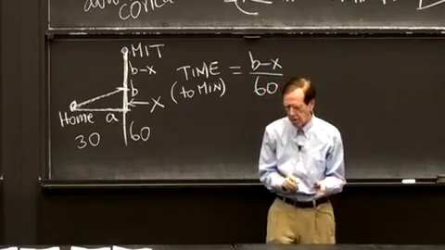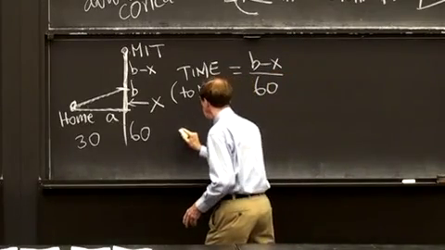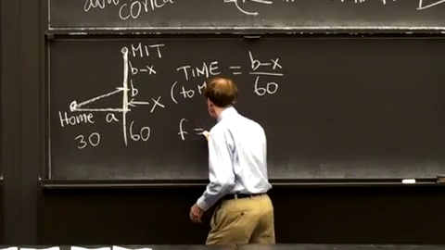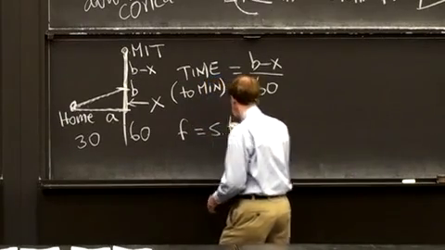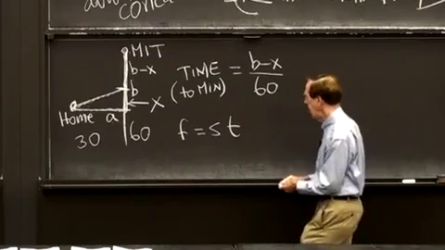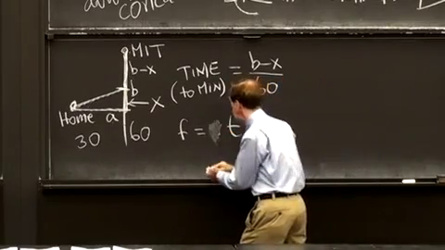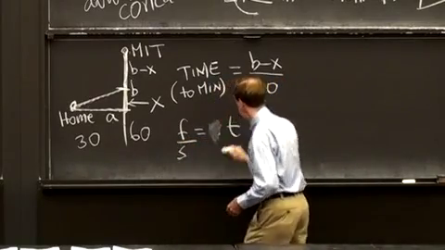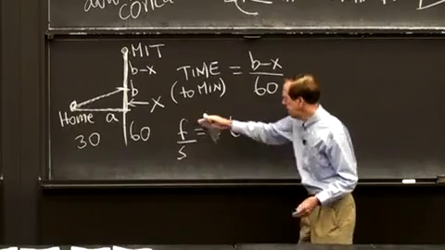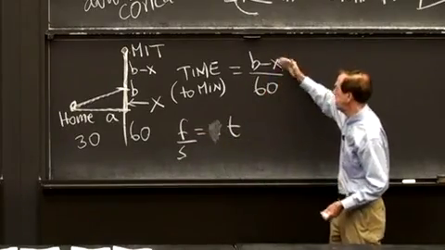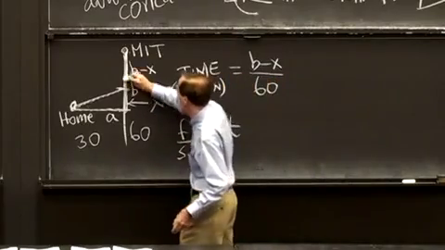Am I remembering correctly? Let's just remember. Distance is speed times time. That's the one we know. And then if I divide by the speed, the time is the distance divided by the speed. The distance divided by the speed on the pike.